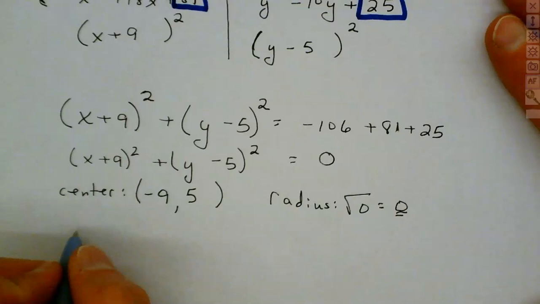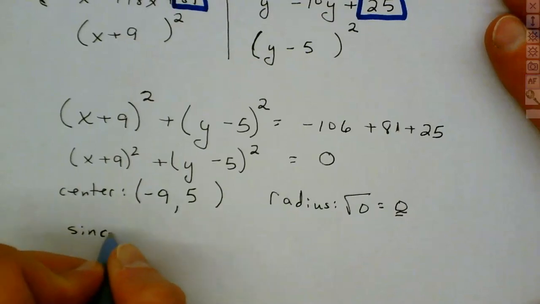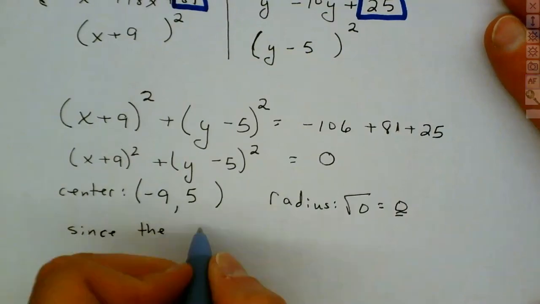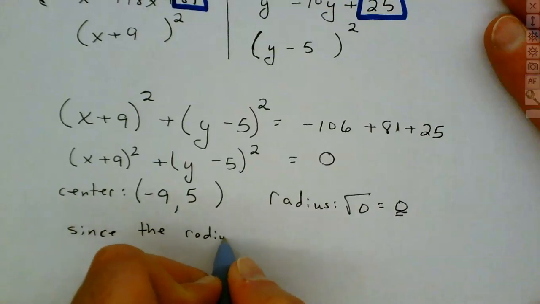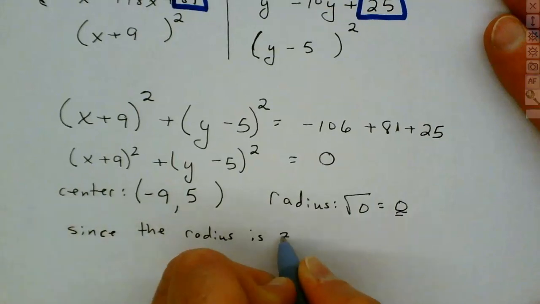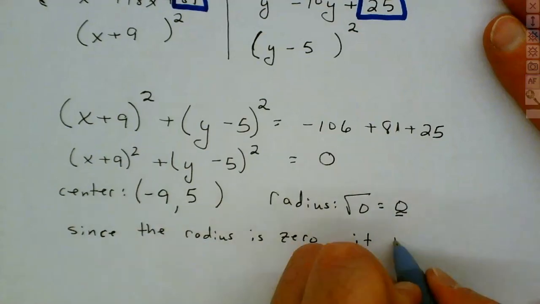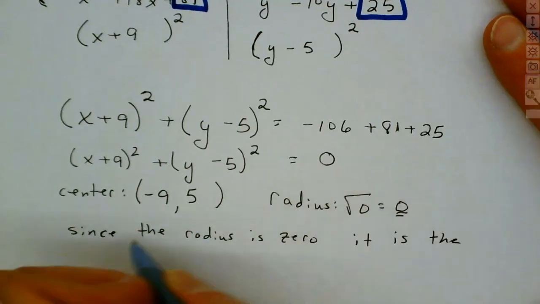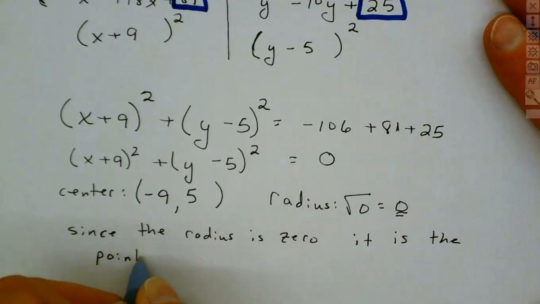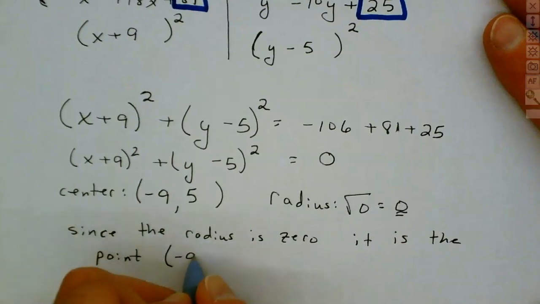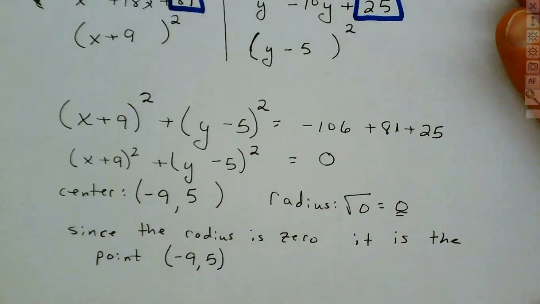No. Since the radius is 0, it is the point minus 9, positive 5. Okay?